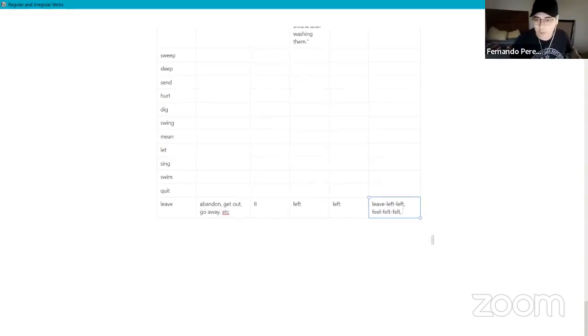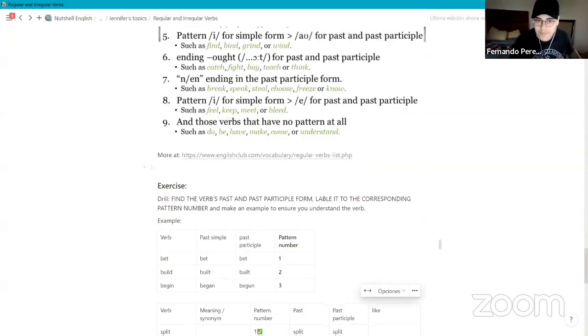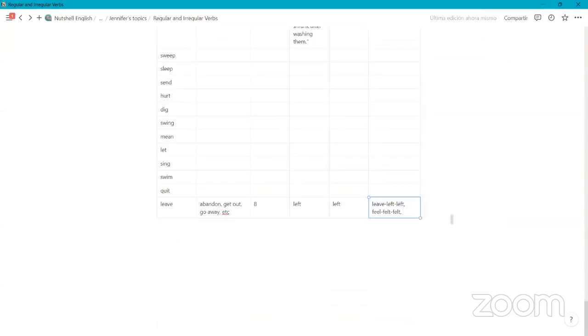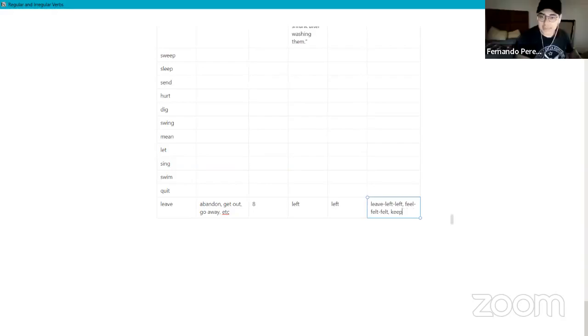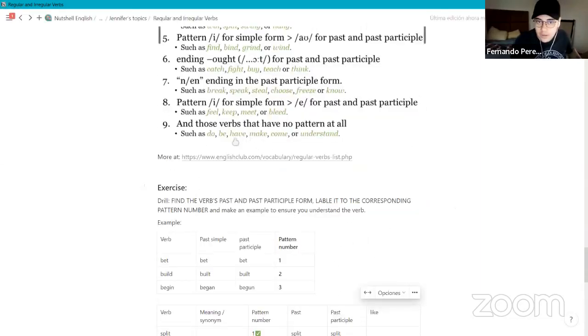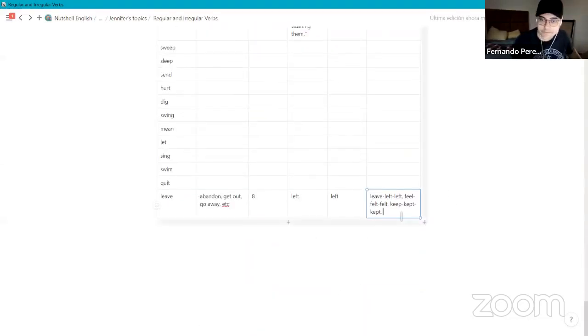What is for keep? Keep, kept. Exactly. What is for meet? Meet, met. Exactly.